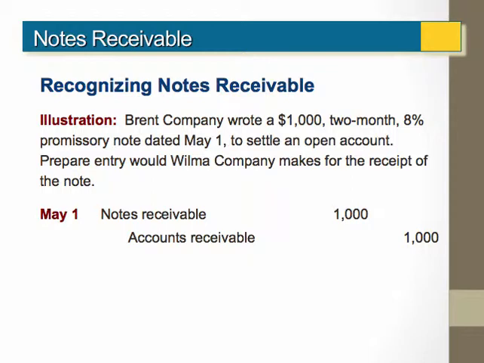In an accounts receivable situation, if there was a disagreement, there is a possibility that the customer could, when they go to court for collection, get out of paying that debt. With a promissory note, we can show that there's a signature from the maker that says they did promise to pay the debt.